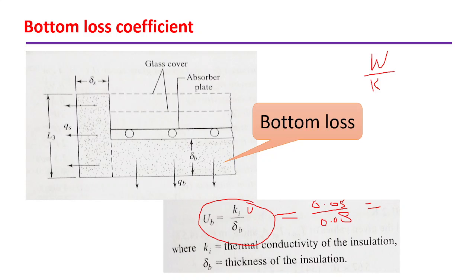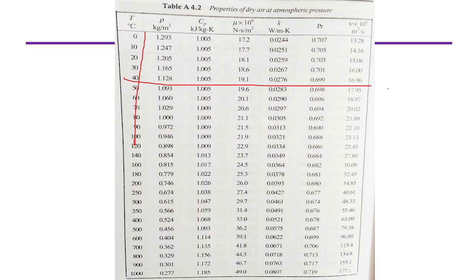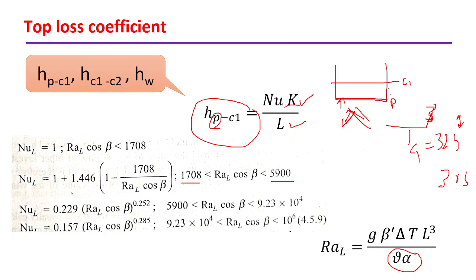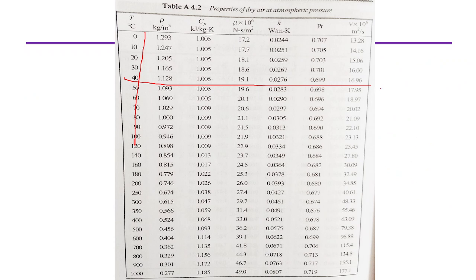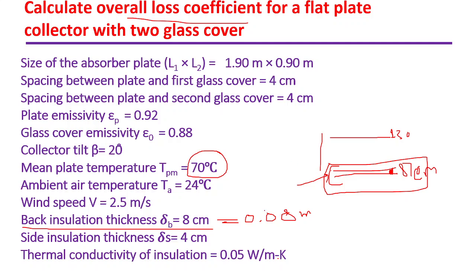No. Thermal conductivity will always have the term of length, distance, so watt per meter Kelvin. Okay, sir. So the thermal conductivity is watt per meter Kelvin, divided by the insulation thickness, which we converted into meter.